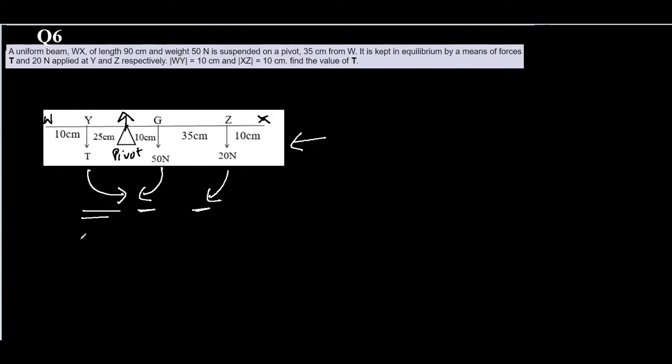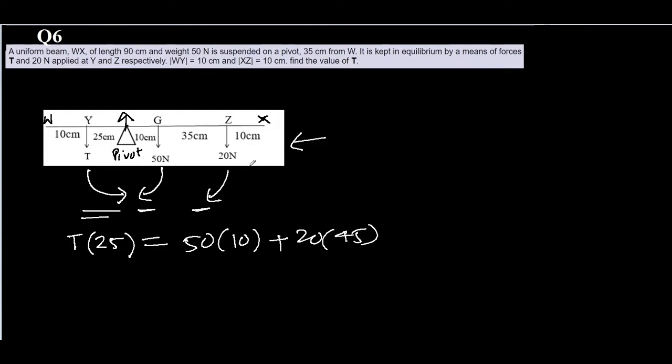So the anti-clockwise moment is T force multiplied by distance 25 centimeters, equal to the force 50 Newton multiplied by how much distance it is from the pivot, 10 centimeters, plus now the 20 Newton force. How far is it from the pivot? It is 10 plus 35, 45 centimeters. So we don't have to worry about converting them into meters.